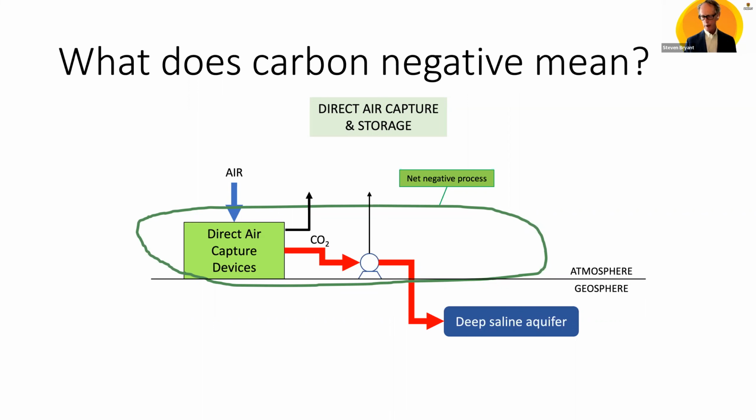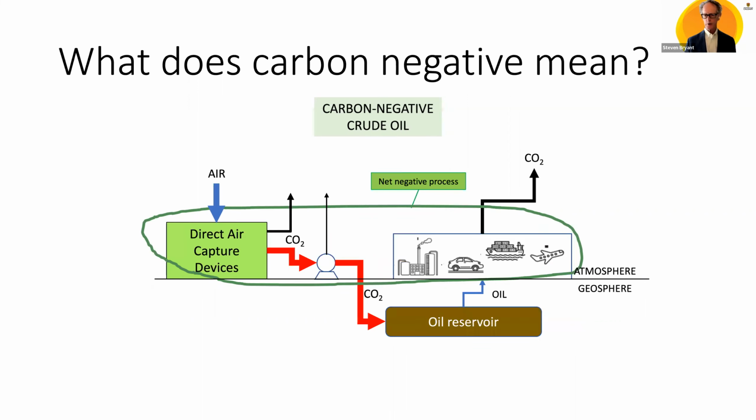So what we're talking about for carbon negative crude oil is a simple extension of that. Instead of putting the CO2 pulled from the atmosphere into a deep saline aquifer, let's put it into an oil reservoir. In so doing, we will produce oil. CO2 enhanced oil recovery is a well known and long practiced process. We produce that oil and then we use it the same way we have been using oil for these many decades.